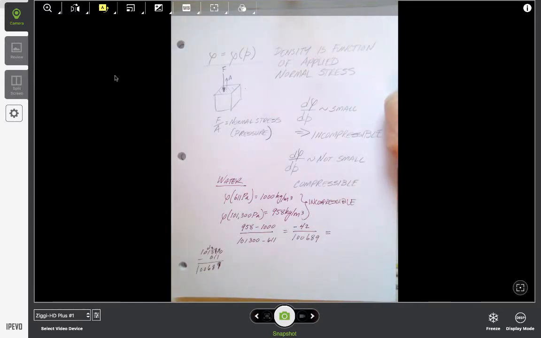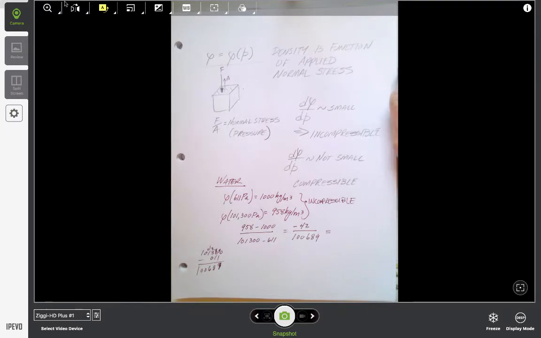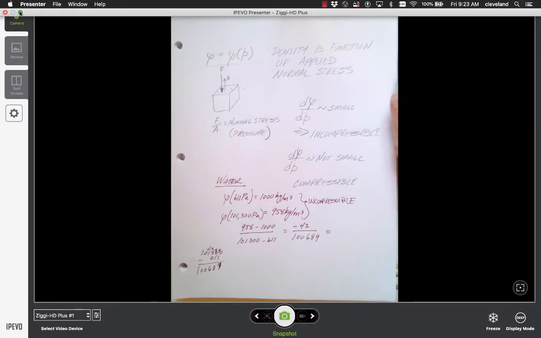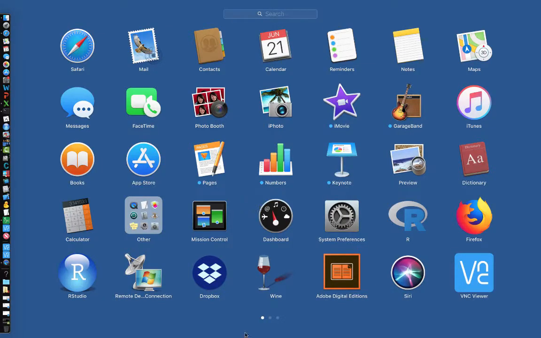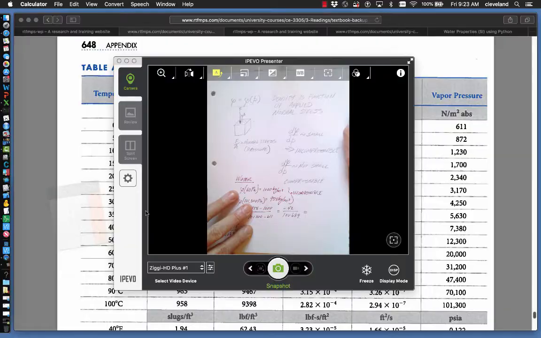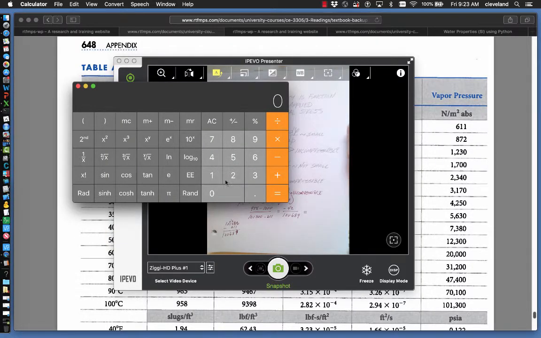That would be our change in density with change in pressure. Should have a calculator here in my toolkit. Okay, so I have 42 divided by 100,689.